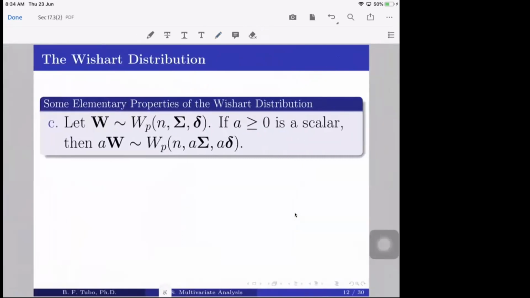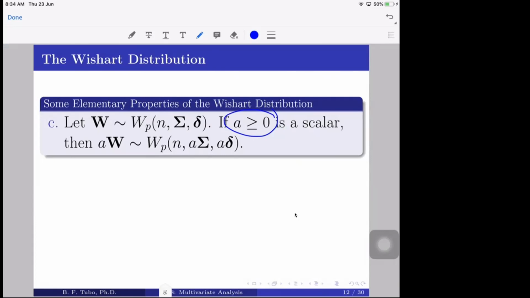Next result, we do some transformation on W by pre-multiplying it by a scalar. Let me check if A equal to 0 is really included. Chapter 17. Okay, the book includes equality, so 0 is allowed.